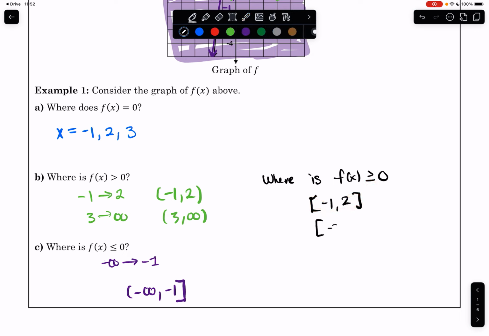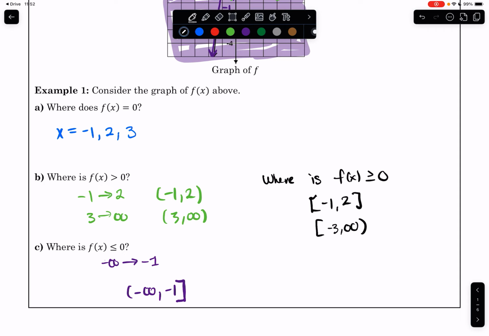So the other one would be 3 to infinity. On infinity, we do not use brackets ever, because again, infinity is not an actual number, it's just a concept that we're going to get close to a very, very huge number. And because it's not an actual value, we always use the open interval, the normal parentheses, on that endpoint there.